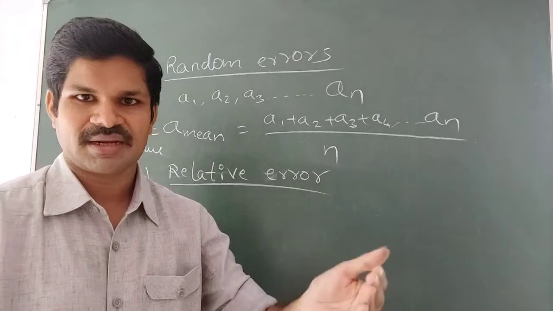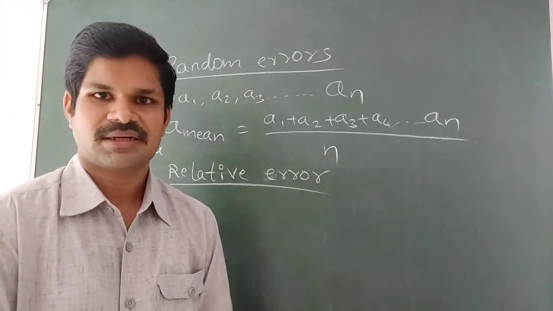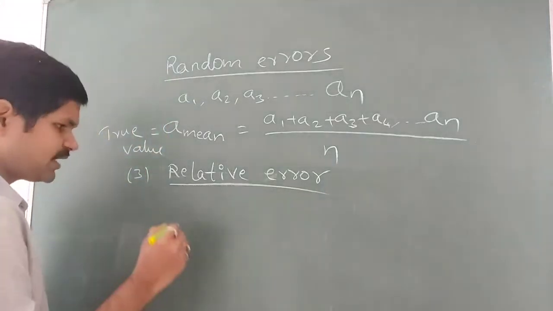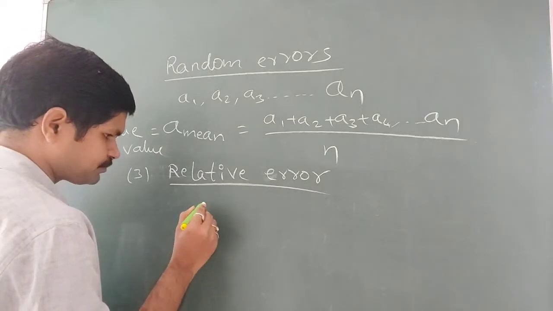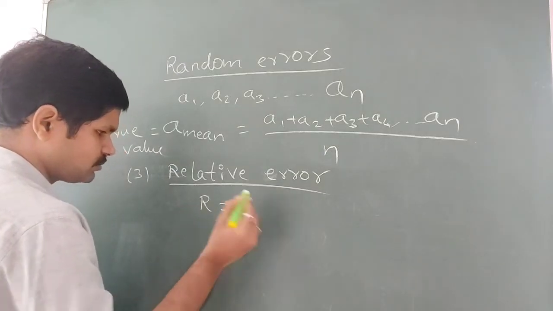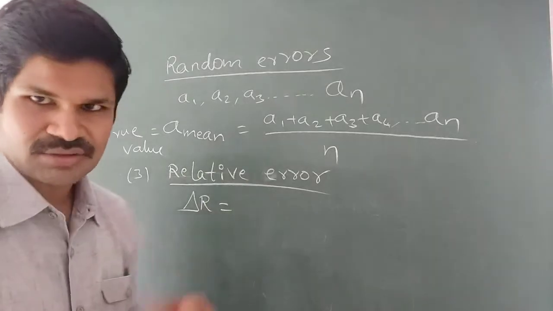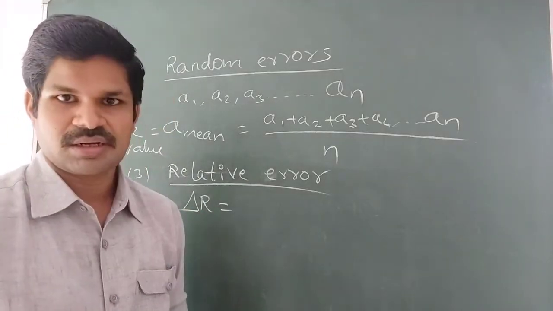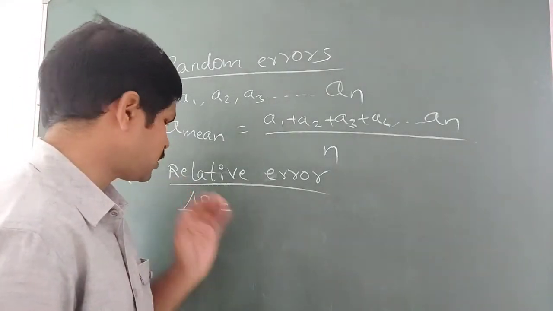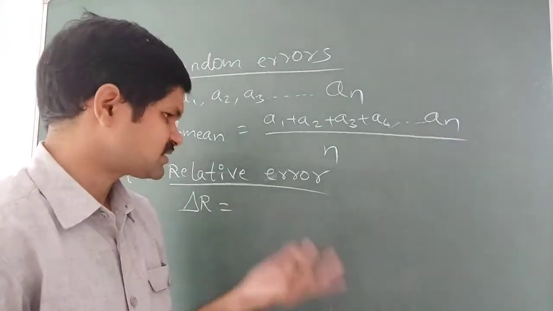That means one error is related to the other errors. Let us consider relative error as delta R. It may not be the original representation, but let us consider it.